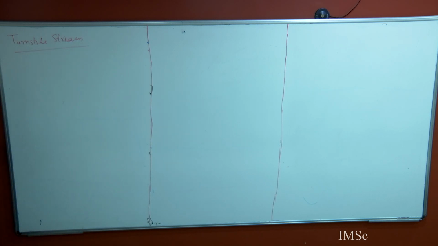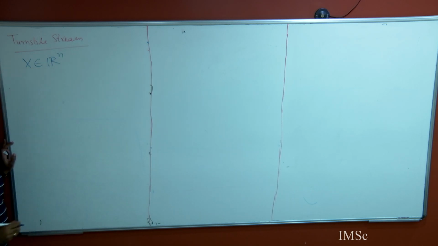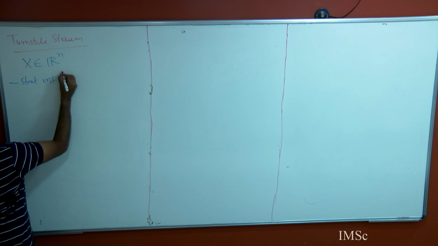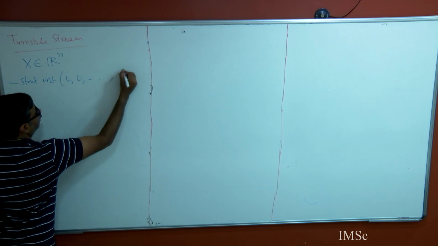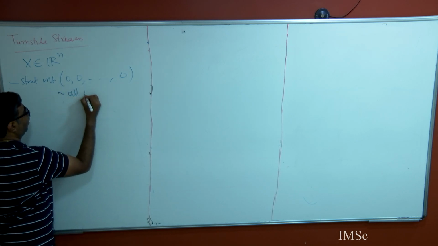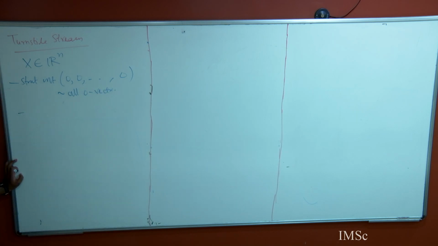In a Turnstile stream, you are given x in R^n. So you start with the all zero vector. And what is an update?